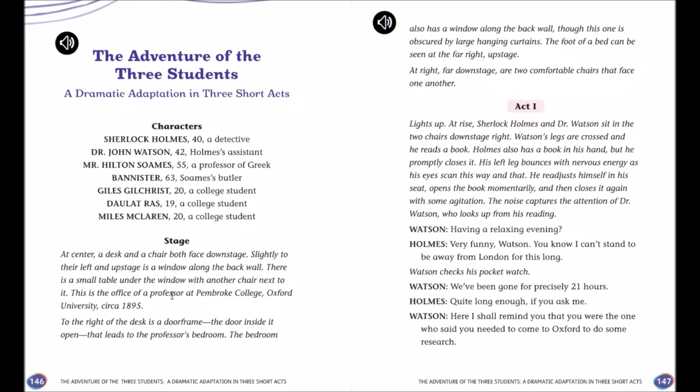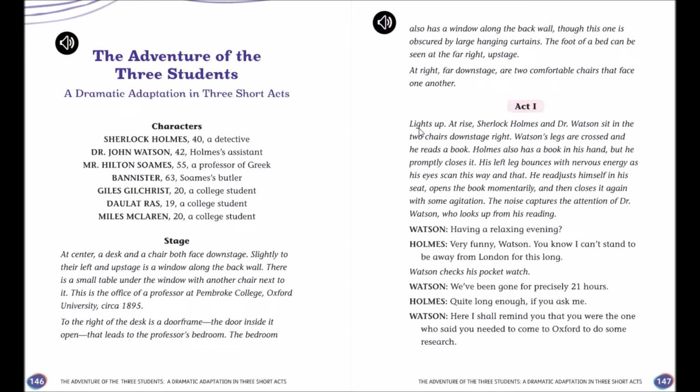This is the office of a professor at Pembroke College, Oxford University, circa 1895. To the right of the desk is a door frame, the door inside it open, that leads to the professor's bedroom. The bedroom also has a window along the back wall, though this one is obscured by large hanging curtains. The foot of a bed can be seen at the far right, upstage. At right, far downstage, are two comfortable chairs that face one another.